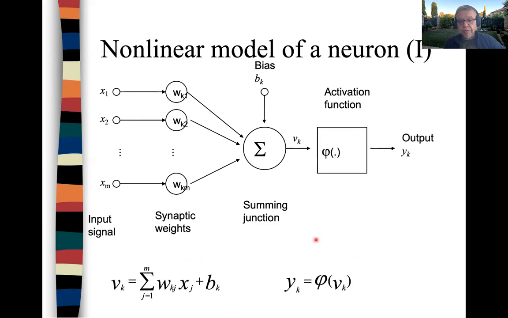This is your function phi. This is the squashing function or the activation function. And then you have the output of the neuron. So this neuron here takes the input, processes it in this manner, and gives you the output y, okay?